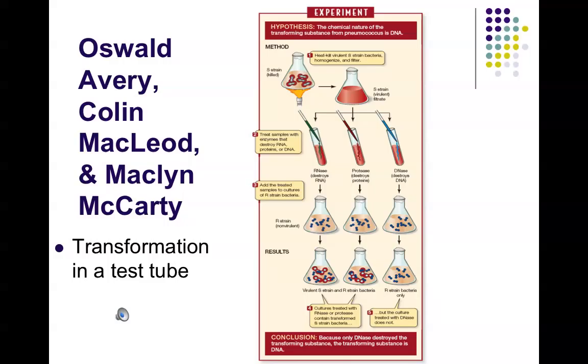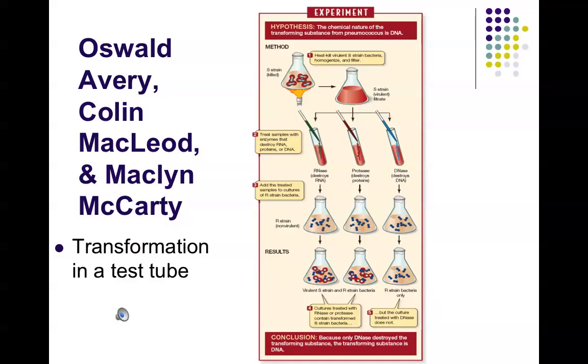Essentially what they were able to do is take extracts of the biochemicals, essentially the proteins and nucleic acids found inside the smooth and the rough strep pneumo, and simply mixing those chemicals in a test tube with various enzymes that would inhibit different kinds of proteins and nucleic acids.